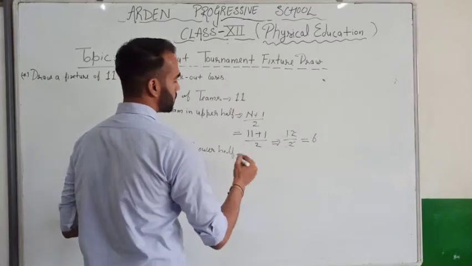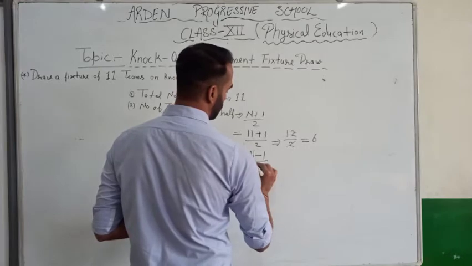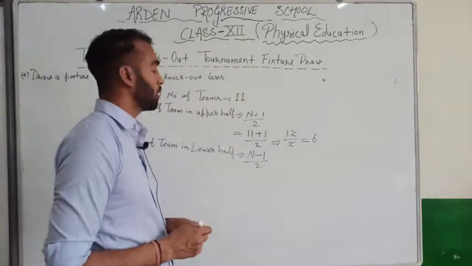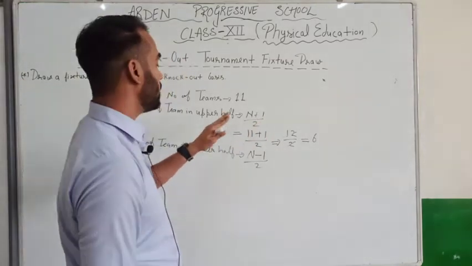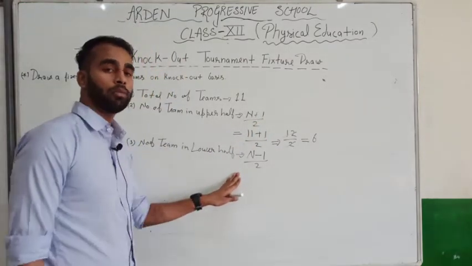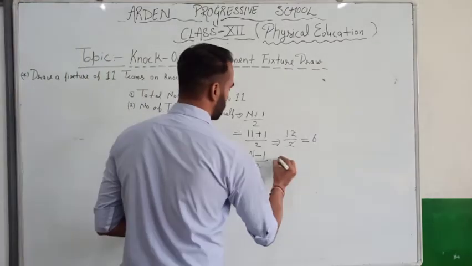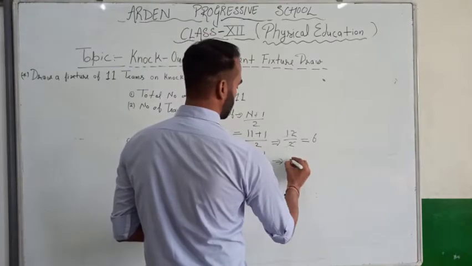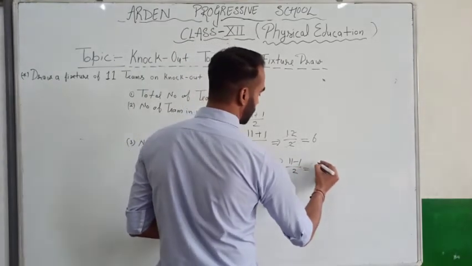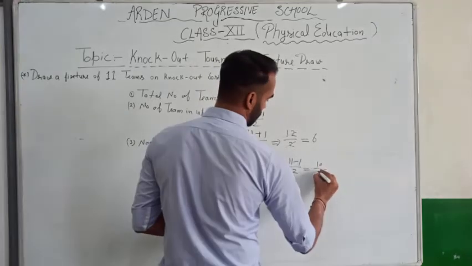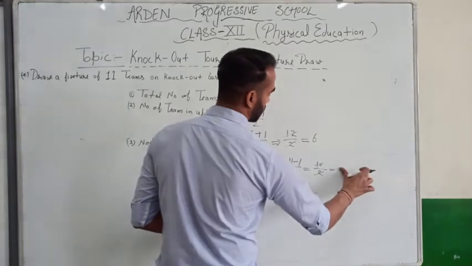Okay, so (11-1)/2 is equal to 10 upon 2, which is 5.